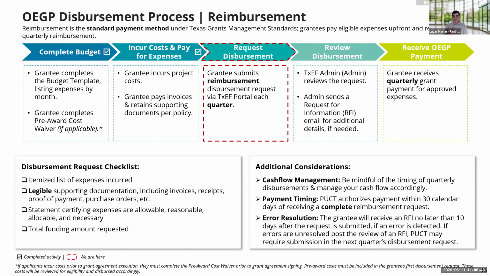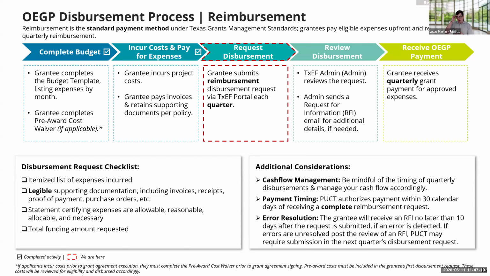And then you will provide that supporting documentation through the portal. Again, legible supporting documentation for us to review. And then if there are any additional RFIs that need to go back and forth, remediating any of those issues, you can anticipate receiving grant payment for approved expenses.